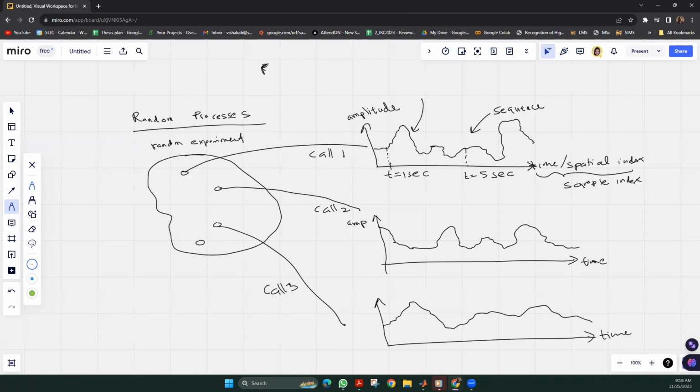So the random processes can be of two types: continuous random process and discrete random process. So in this instance, what type of random process have I considered?